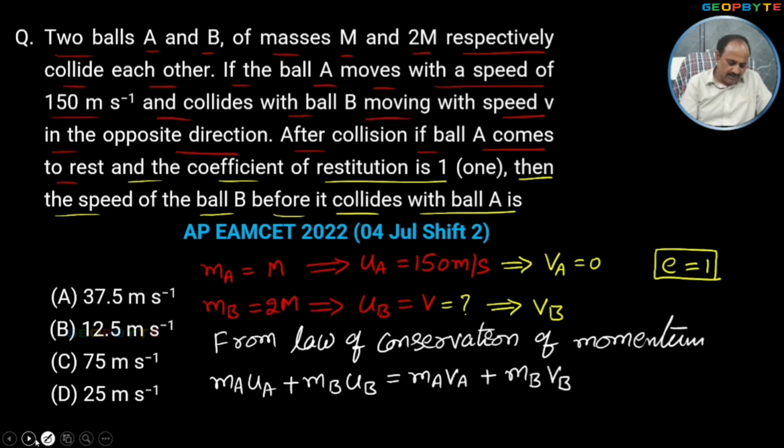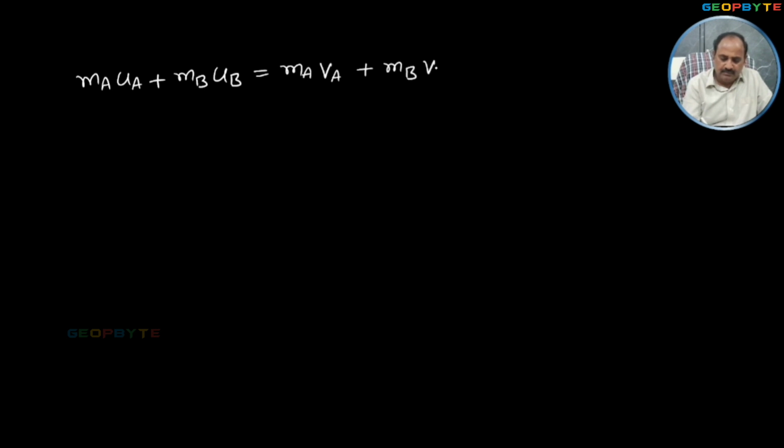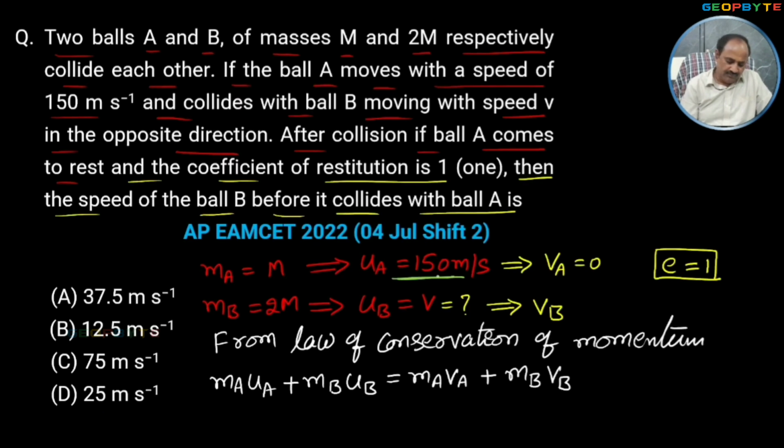Let us write it on another slide: Ma Ua plus Mb Ub equals Ma Va plus Mb Vb. Ma is given as capital M, and Ua is given as 150 meters per second.